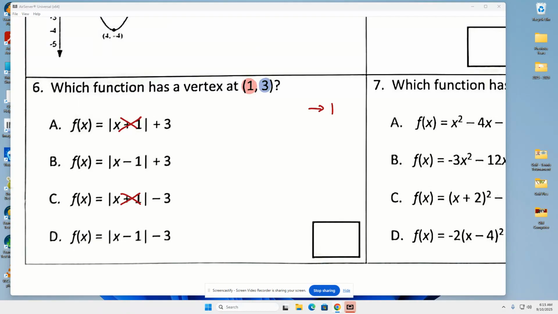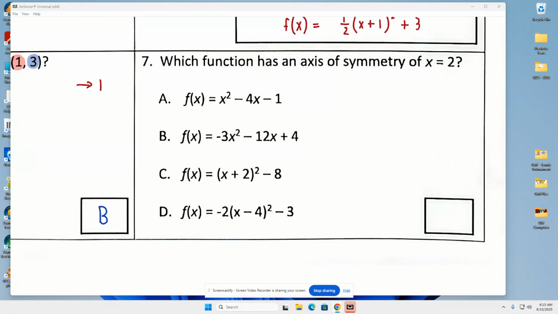So positive 3 is going to look like positive 3. So positive 3, that fits, that does not. So my answer here is B. Now, in my opinion, knowing the right way to do it is faster in this case. When it's already in what we call vertex form, it's really simple to see that vertex.